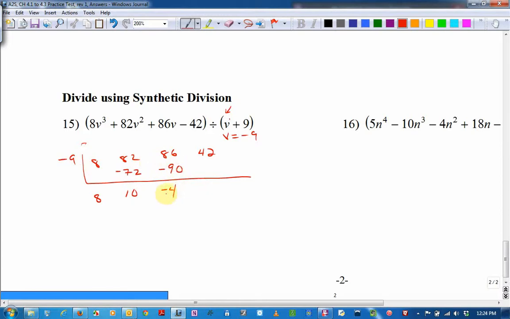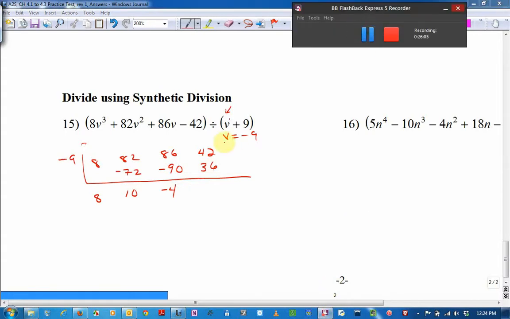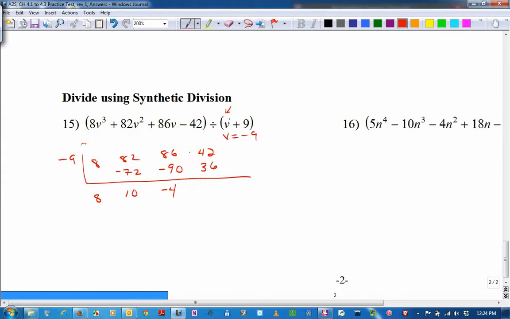So I have a negative 4 times negative 9 is 36. Actually, if you look at our coefficients, this was a negative 42.